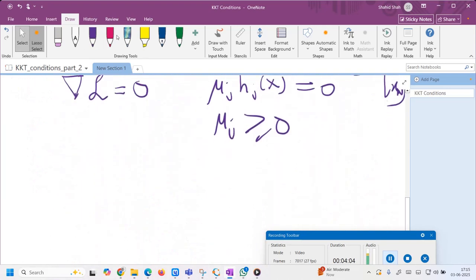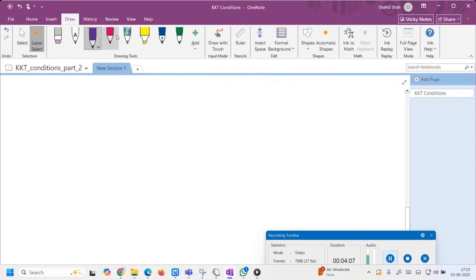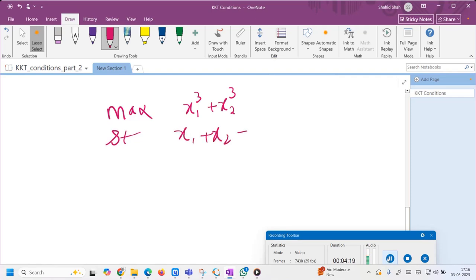Let me elaborate what I mean. Suppose you have this optimization problem, again a dummy problem that may not have a proper solution: maximize this, subject to, let's say, x1 plus x2 equal to, suppose, 4, and x1 square plus x2 square is greater than or equal to 1.